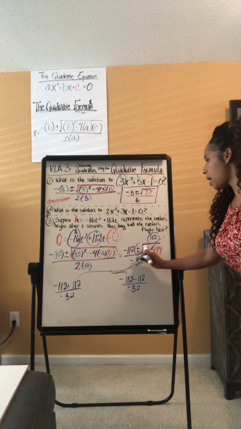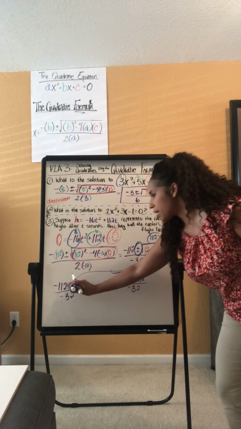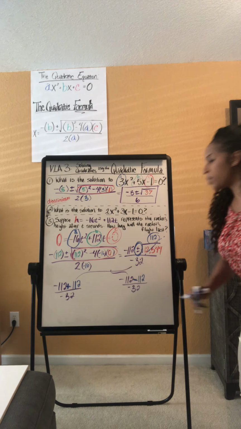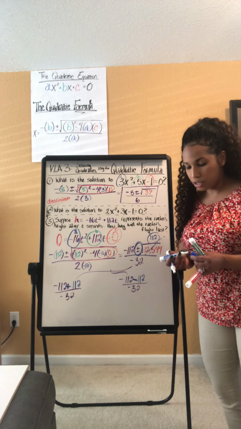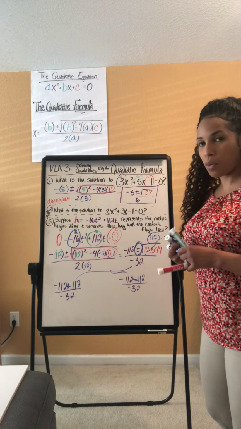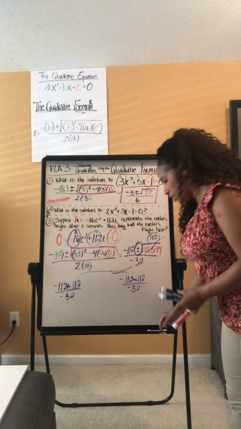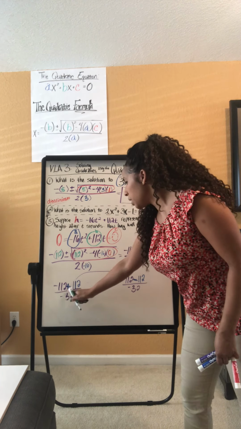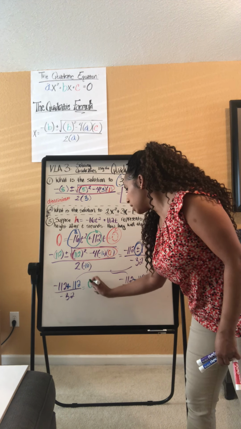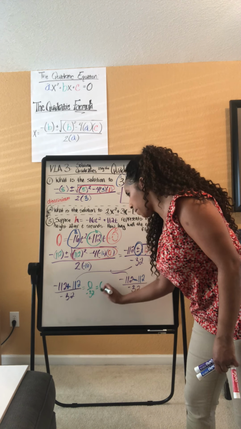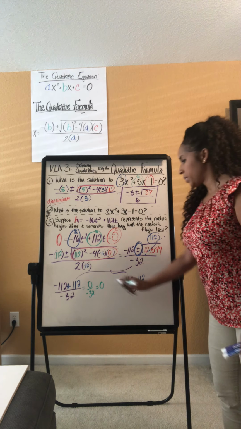I had to take that plus or minus and apply it. Either it's plus the 112 or it's minus the 112. But I need 2 answers. There should always be 2 answers to your quadratic equations. So when I did negative 112 plus 112, it's just going to give me 0, and 0 over negative 32 is just 0. Okay? So that's one answer.